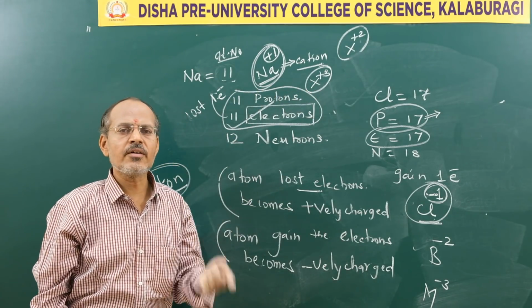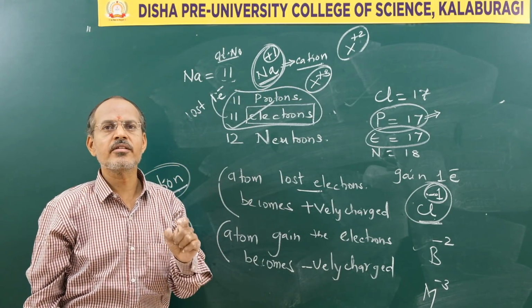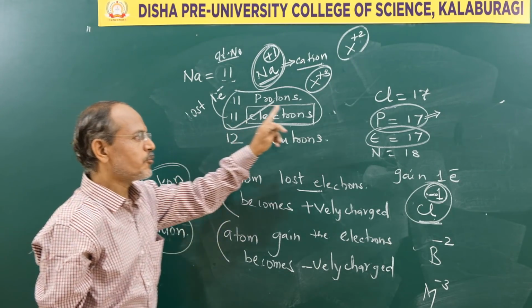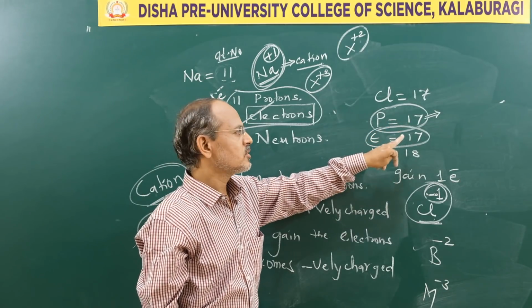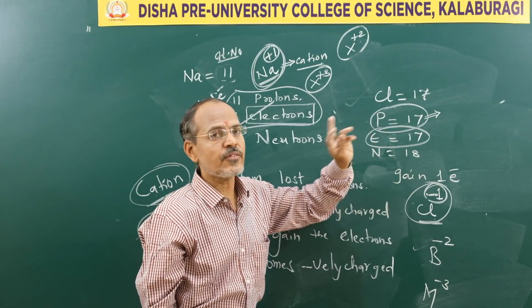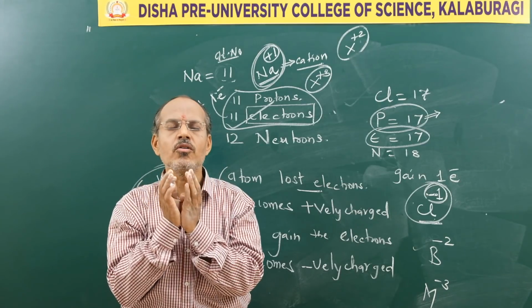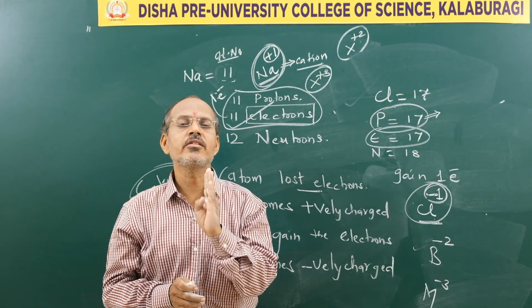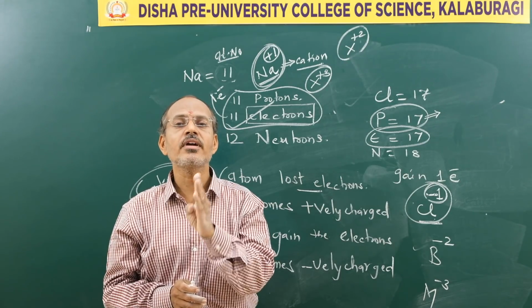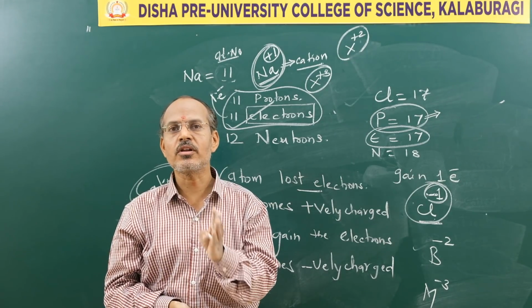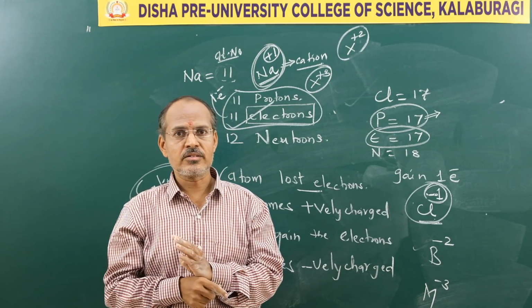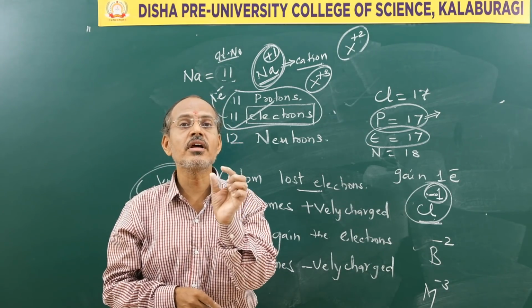If protons are 11, 100% the number of electrons should be 11 only. If protons are 17, electrons are also 17. That means it is always observed that the number of protons equals the number of electrons. That state we call the neutral state.